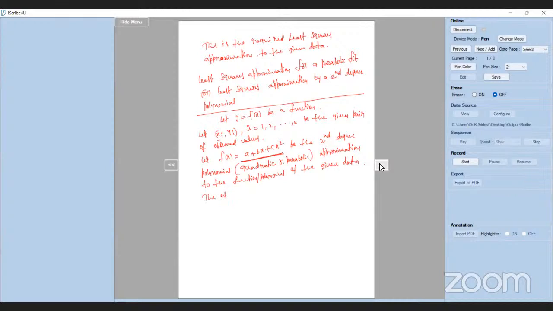Now the estimated values for y1, y2, and so on, yn are: for y1, a plus bx1 plus cx1 square; for y2, the estimated value is a plus bx2 plus cx2 square, and so on; for yn, the estimated value is a plus bxn plus cxn square, respectively.